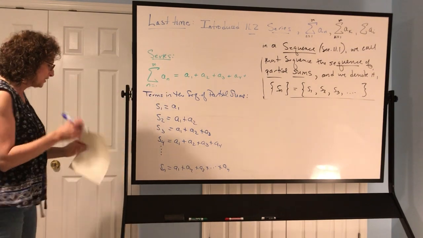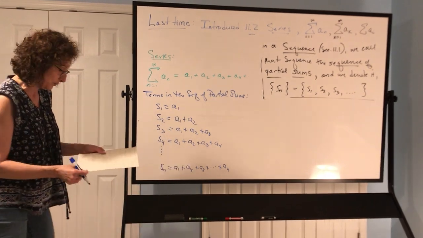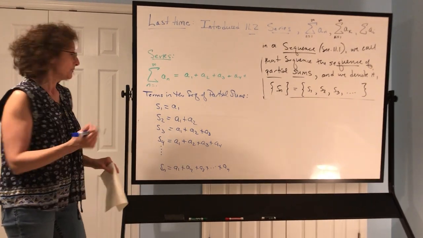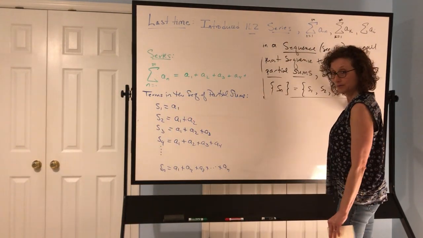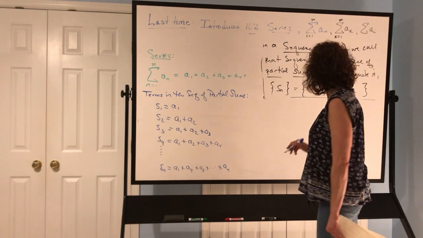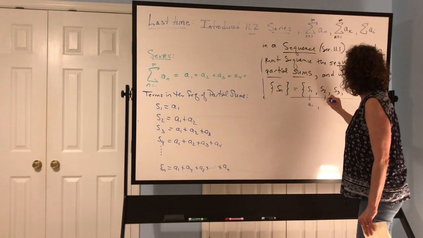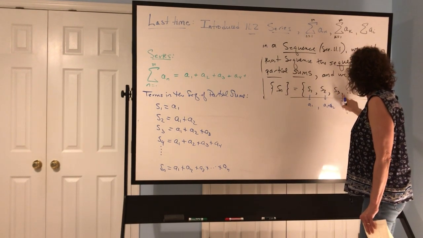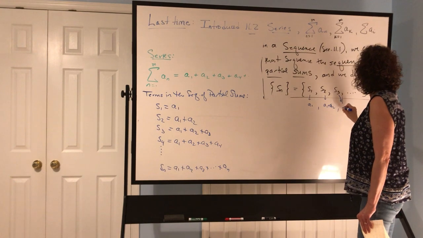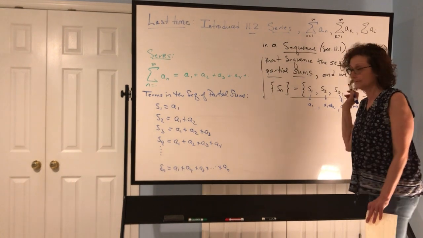What other things do we want to notice that will make our lives simpler as we keep moving on? These are the terms in this sequence. This one is just a1, this one is a1 plus a2, and this one is a1 plus a2 plus a3.